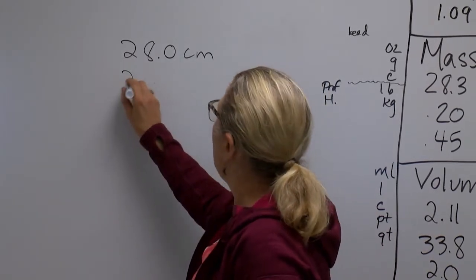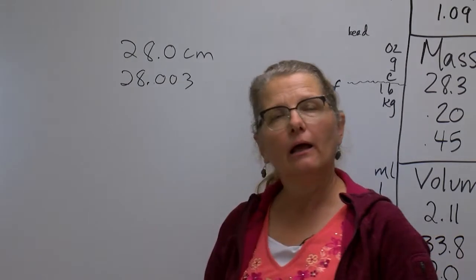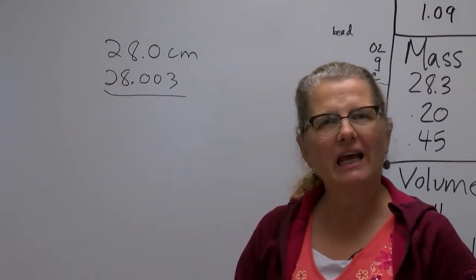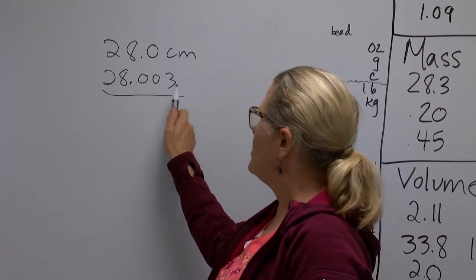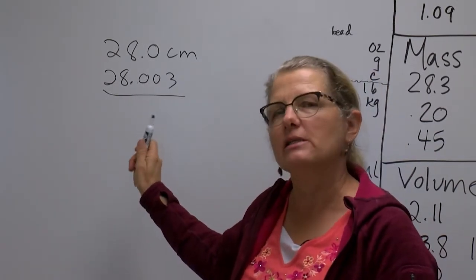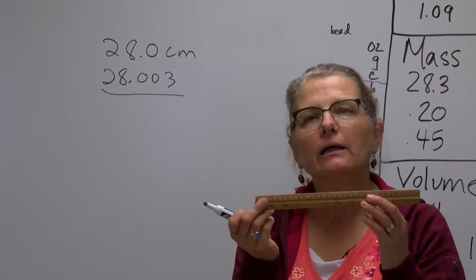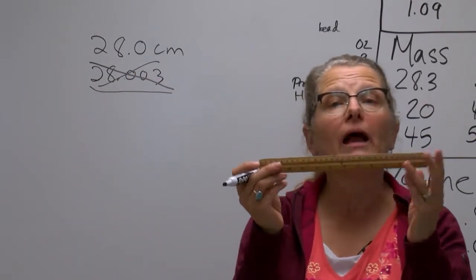What if I said it was 28.003? This would have 5 significant figures, and I would be saying I know to the tenths, hundredths, to the 3,000ths of a centimeter using this instrument. This is not possible with the tool I'm using.